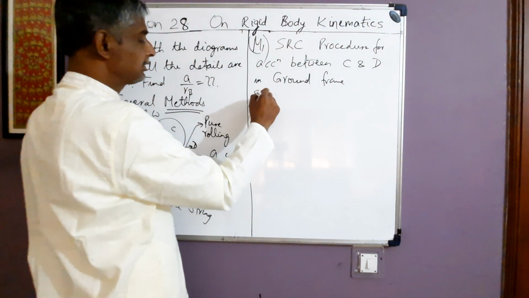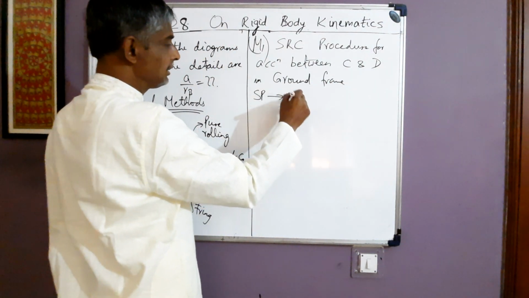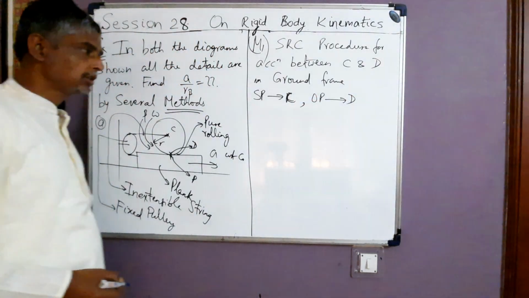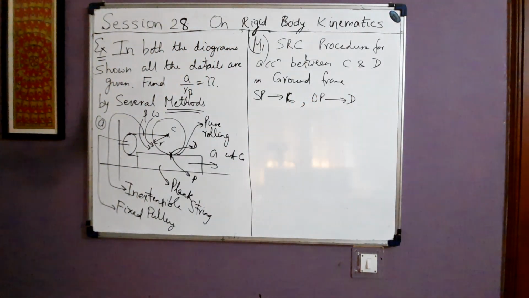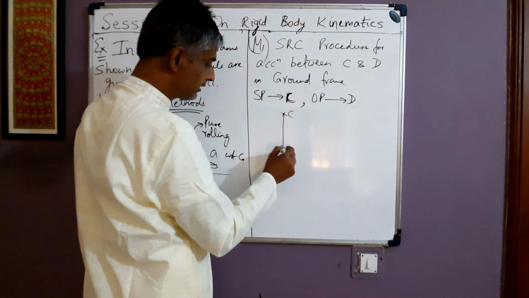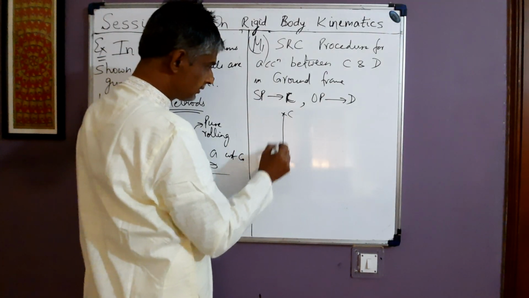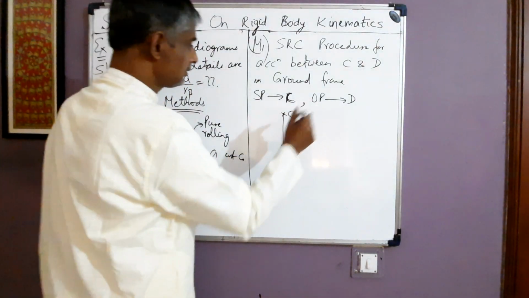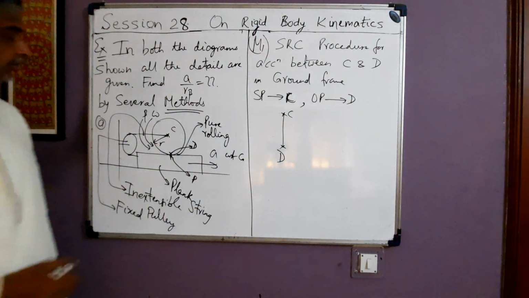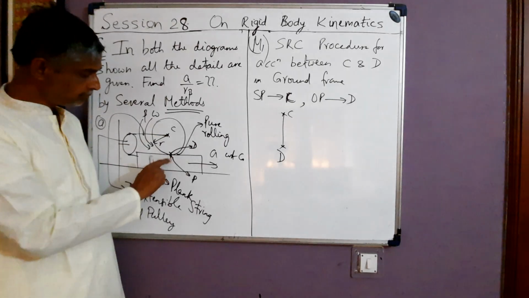So we complete the rules. SP arrow C, C is the selected point. D is the other point. SP arrow C and OP arrow D. I draw the line joining C and D. Now I give the acceleration of selected point C to D.